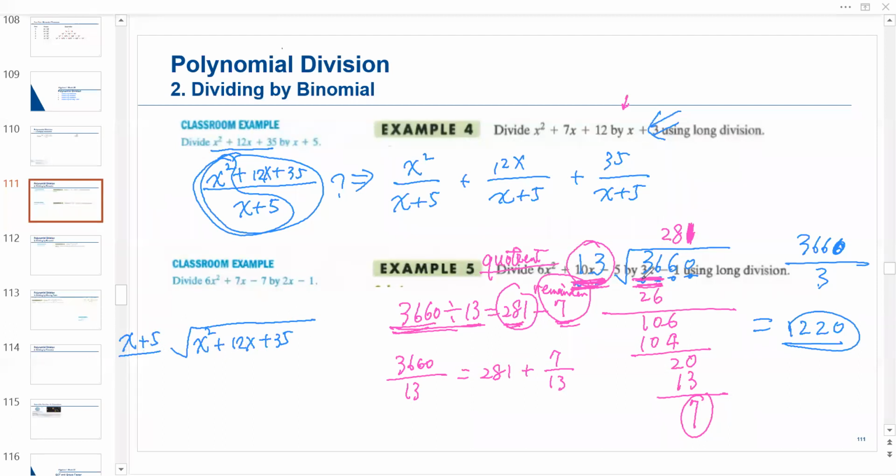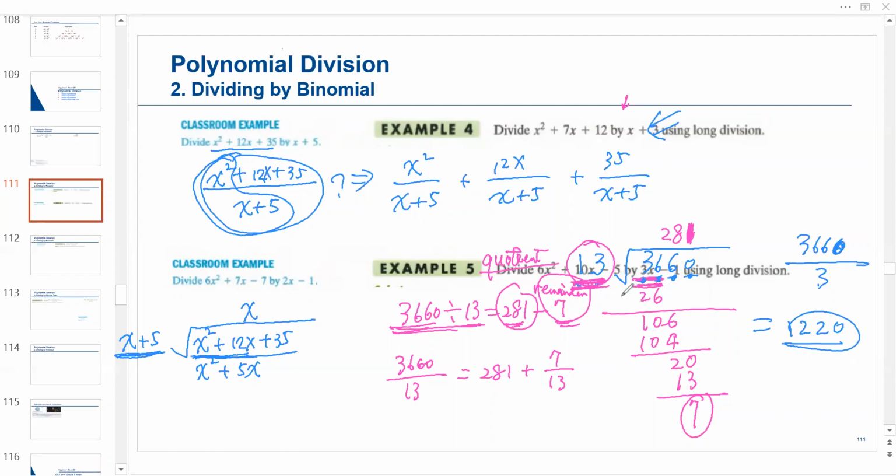Just like the one here is thousands, hundreds, tenths, ones. So we do the same sequence length first. All right, so these two terms, we also find the first two terms. Try to find a number times this one most close to here. So x times what is close to x squared is x, right? X here is degree of 1. We put it above the degree of 1 here. So you can get x squared plus 5x.